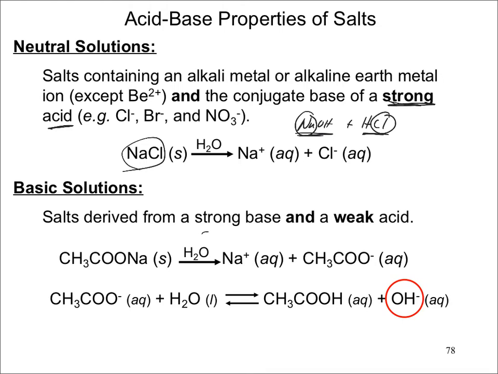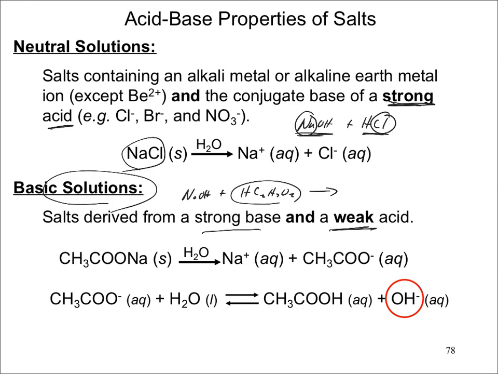Now, if you have a strong base and a weak acid, the solution will be basic. For example, sodium acetate, you can think of as NaOH plus HC2H3O2. This is a weak acid, which means the conjugate base, C2H3O2 minus, is strong. Okay? So that's a stronger conjugate base, therefore the solution will be basic.